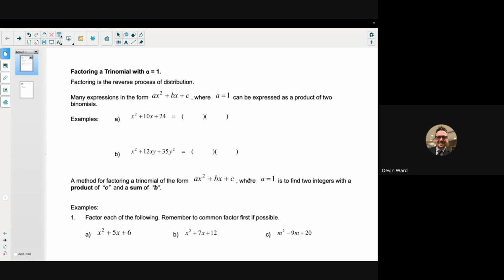So let's do some more common factoring. So here we go. This time my sum is going to be -13. My product is -48.